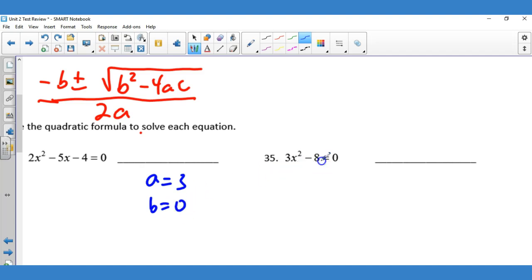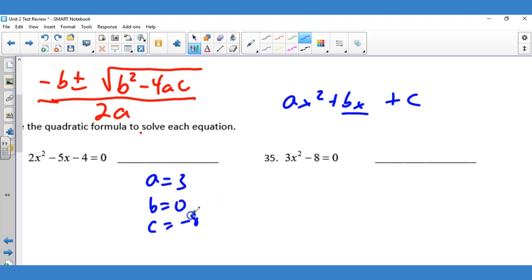The reason B is 0 is, remember, ax squared plus bx plus c. There's no bx here. There's no single x anywhere. There's x squared, which means that's a. There's a constant -8, which means that's c. But there's no x. You see a single x anywhere? I don't. So that means b is 0.